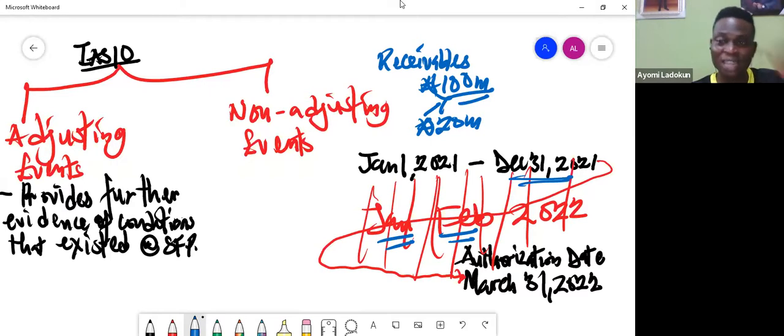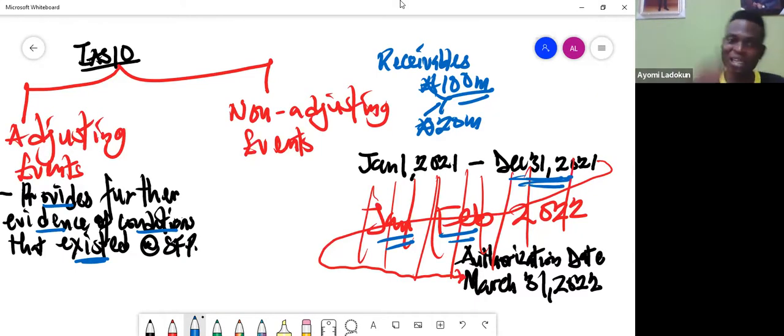If it is as of December 31, 2021, then that is an adjusting event. Why? Because it provides evidence of conditions that existed at the balance sheet date. So it means the inability of the customer to pay already existed at the balance sheet date, and him owing us was also recognized at the year end.